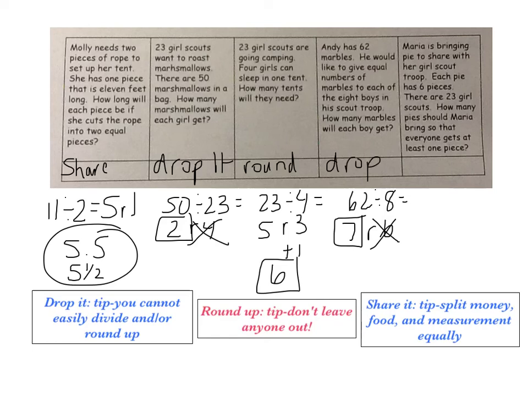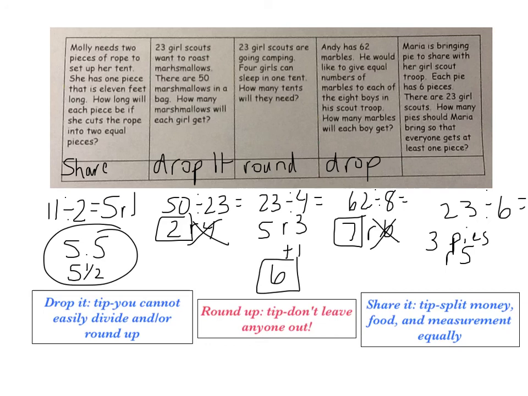Last one, Maria is bringing pie to share with her Girl Scout troop. Each pie has 6 pieces. There are 23 Girl Scouts. How many pies should Maria bring so that everyone gets at least 1 piece? So we've got 23 girls and 6 pieces per pie. So that says there's 3 pies with a remainder of 5.